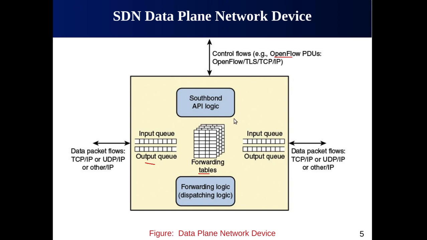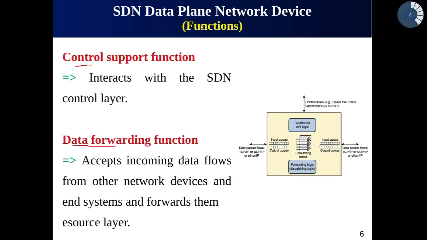Okay, the next function performed by this network device is the data forwarding, and that is the actual responsibility of this layer or this device to forward the packets. It will accept the incoming data flows from other network devices and even from end systems, and then it will forward them along the data forwarding paths that have been computed and established according to the rules.